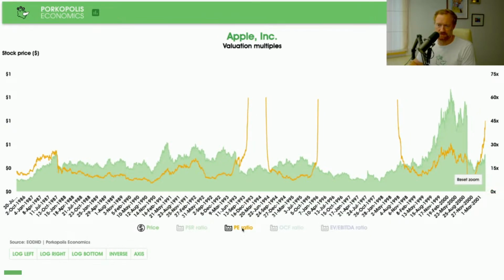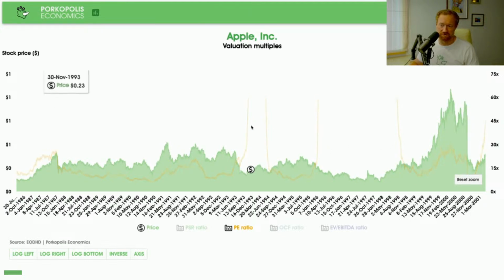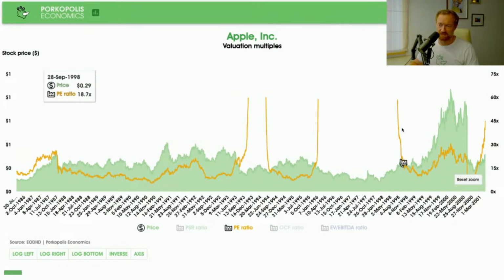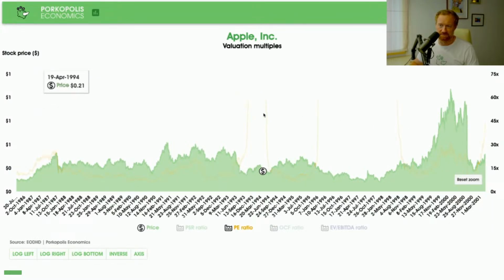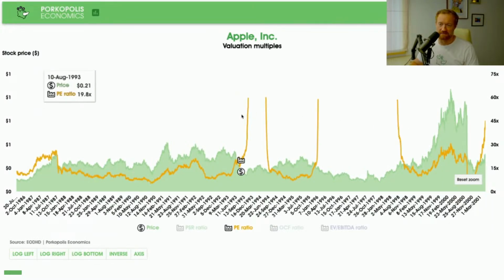PE is a bit more volatile in certain cases. Either when the price is too low or the earnings are either negative or too high, you can get crazy multiples. So I'm just cutting it off. It is what it is. I'm just trying to deal with it.